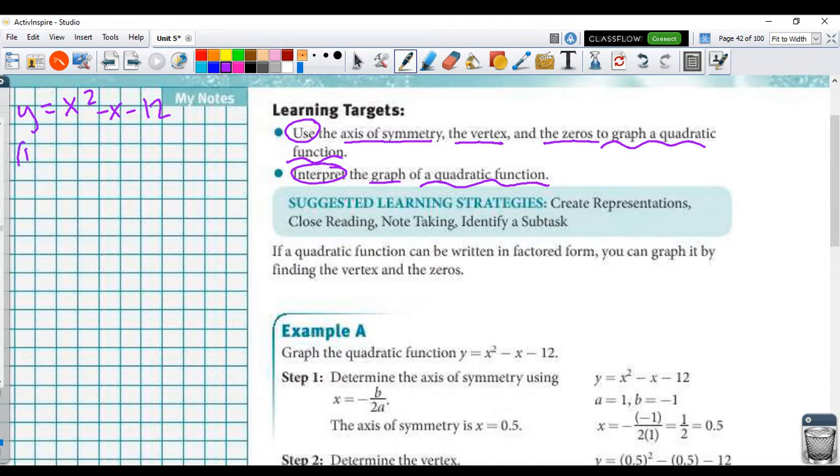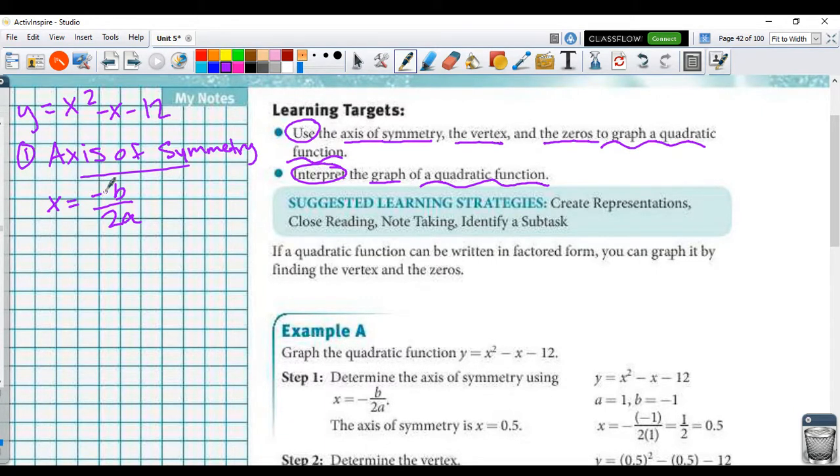Okay, so the first step that we're going to do is we are going to find the axis of symmetry just like we did in the last lesson. We're going to use that equation that they gave us, x equals negative b over 2a. Now, if I'm looking at this equation, notice b actually is a negative number this time. It's negative 1, and a is positive 1.